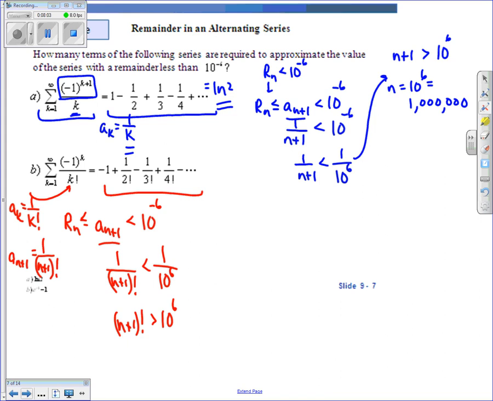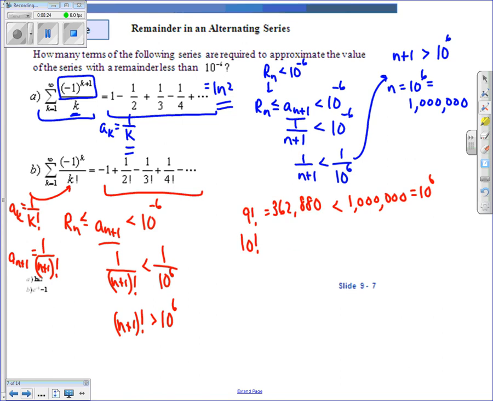So what you need to do is look at either a table of factorials or calculate some of the factorials. And you'll see that 9 factorial is actually 362,880, which is less than 1,000,000, which is 10 to the 6th.